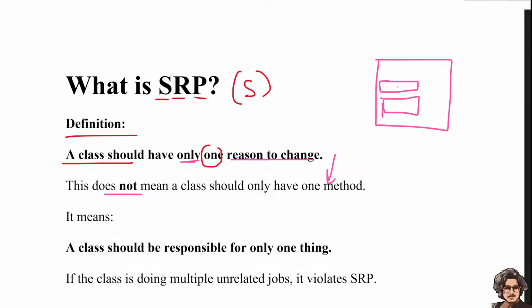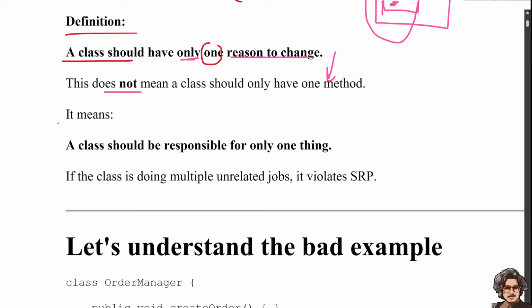If you have calculate price and percentage check, all of this happens in a calculator. This is a single class that does some specific task and has a single responsibility, which is why it's known as such. It means a class should be responsible for only one thing.